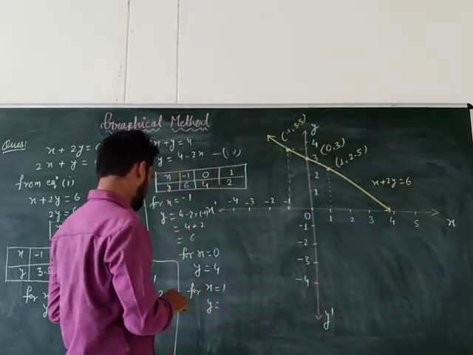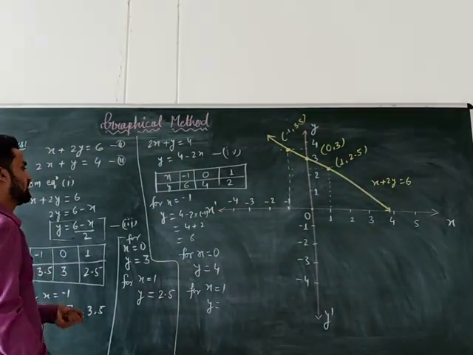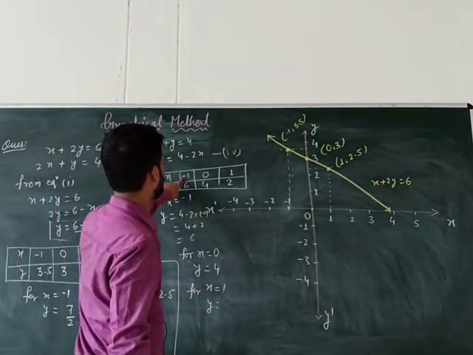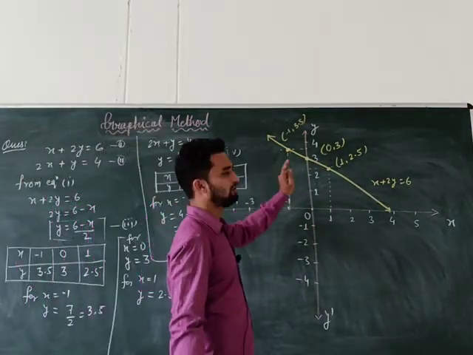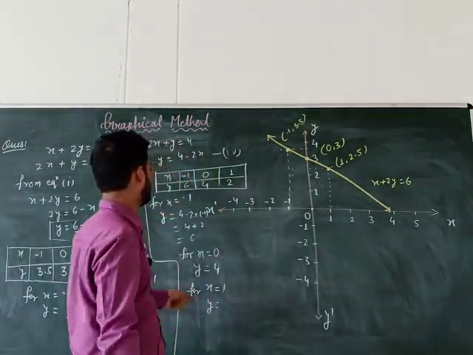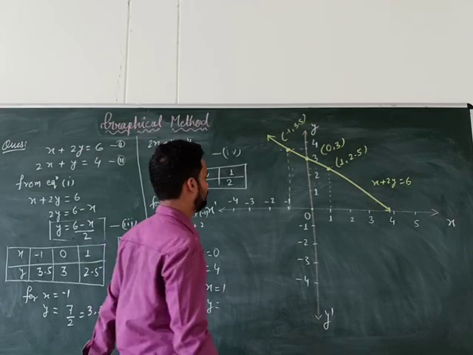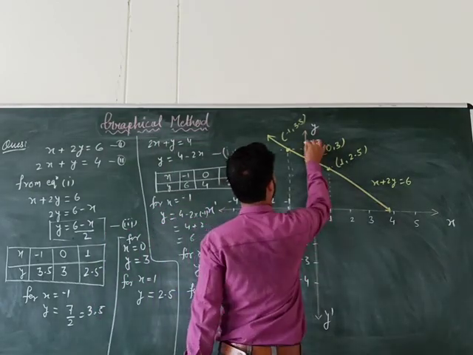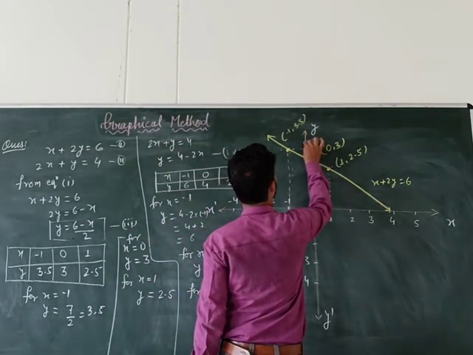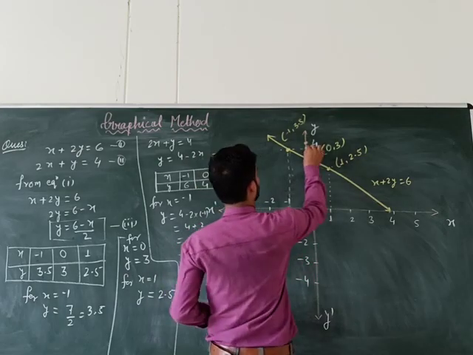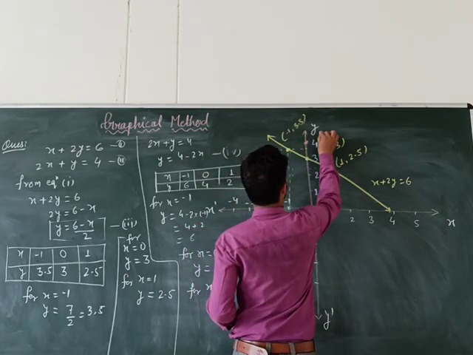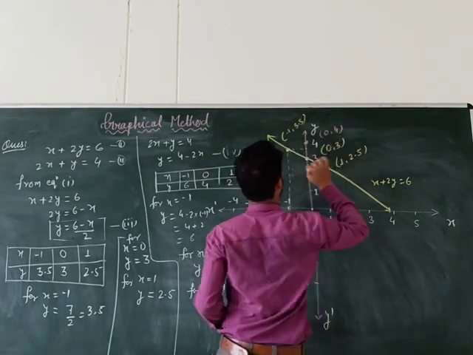Now similarly we have to plot the graph for the second equation. If x is equal to minus 1, y is 6, we are not having 6, let it go, no problem. Now x equal to 0, y is equal to 4. Suppose this is 0, 4.